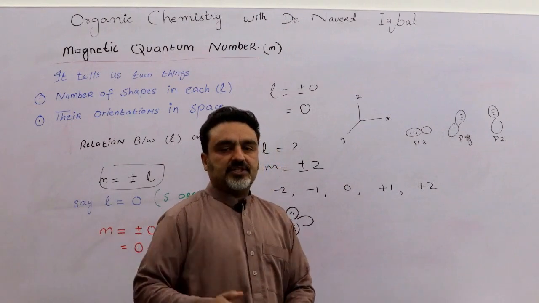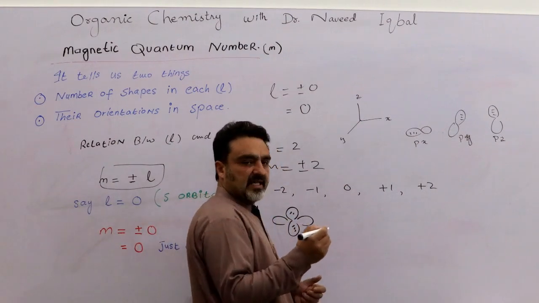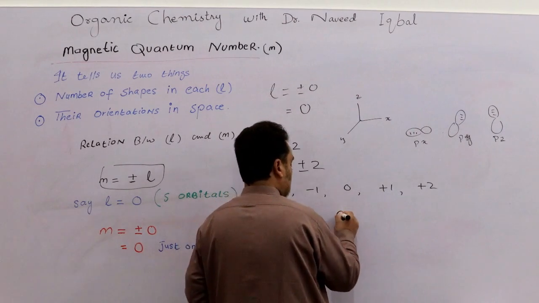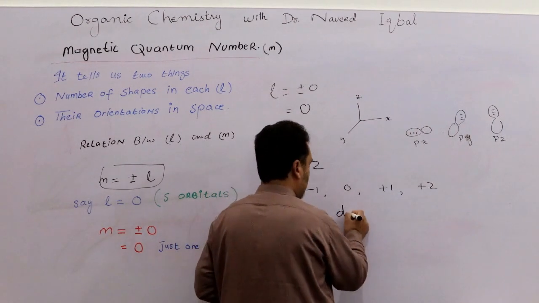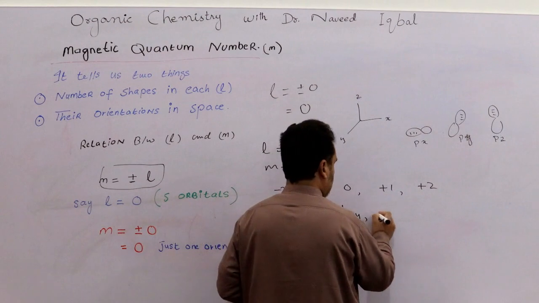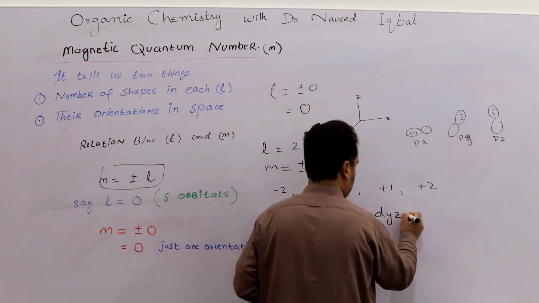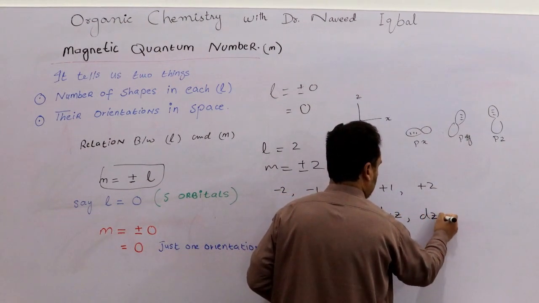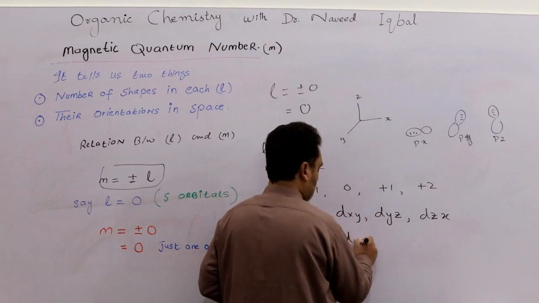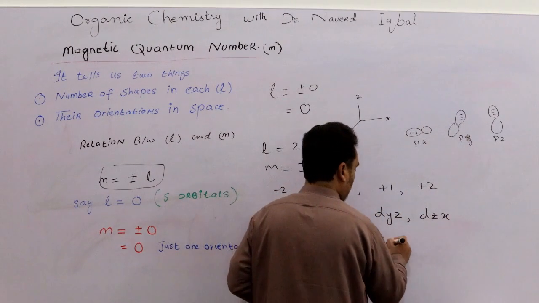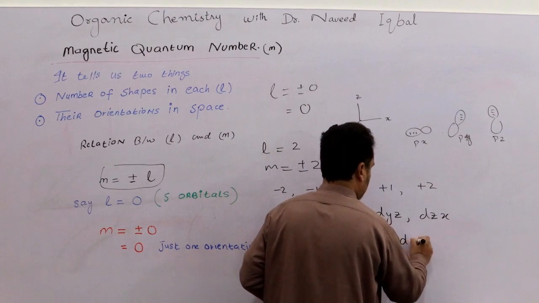Right now I would just write them: the d orbitals are dxy, dyz, dzx, dx squared minus y squared, and dz squared.